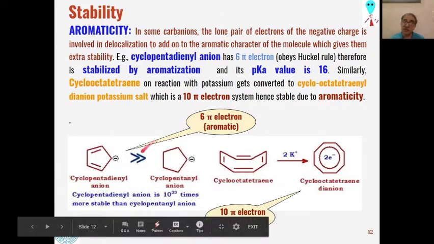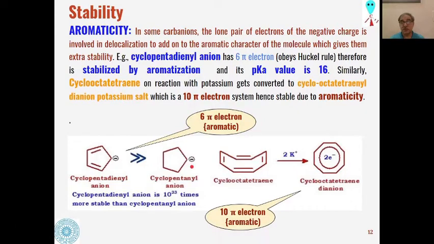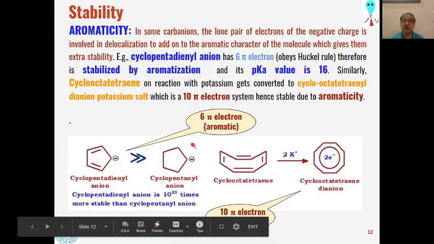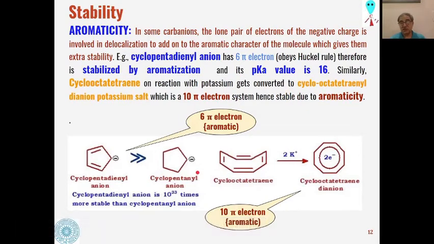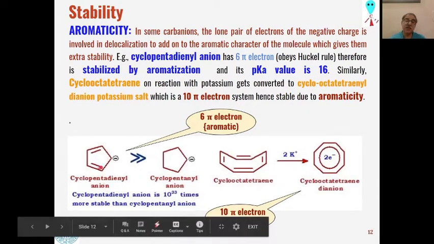Whereas if we compare the stability of the cyclopentenyl anion, there are only 2 pi electrons, and this is not an aromatic entity. That is why the stability of this anion due to aromatic character is 10 to the power 33 times more than this anion.